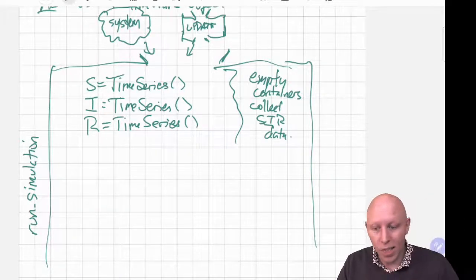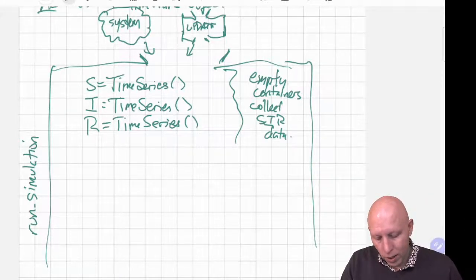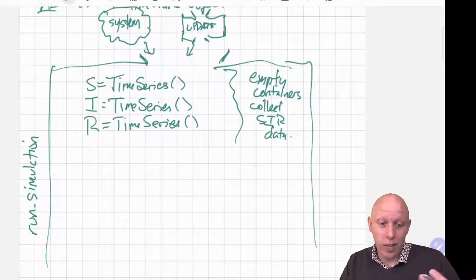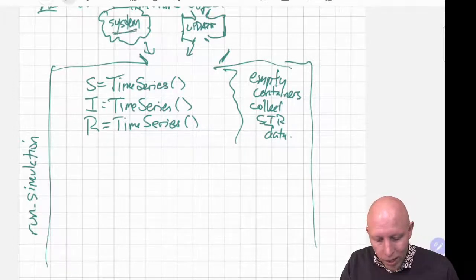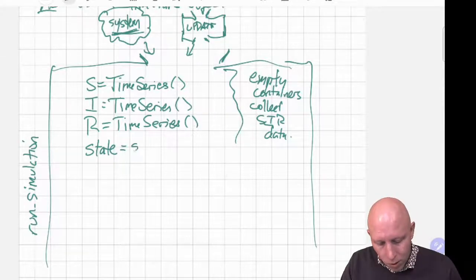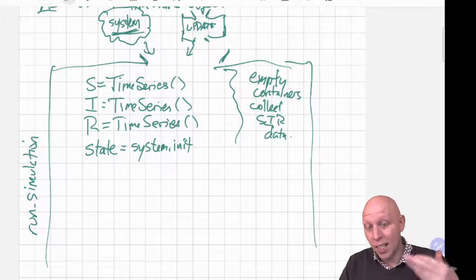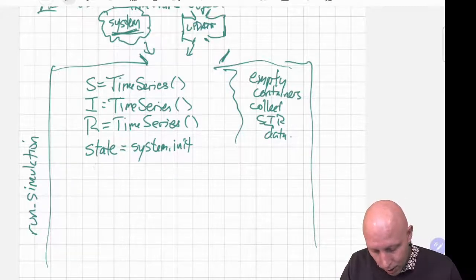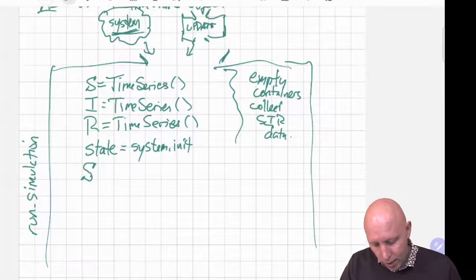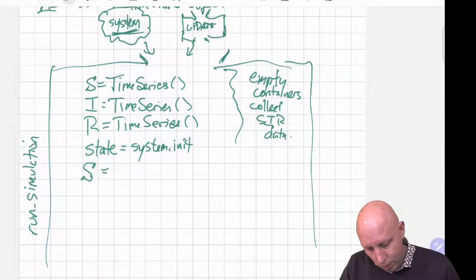All right, so now we have our empty containers. We need to initialize the first values. So where is the initial data? The initial data is located in init in the system object. So let's access that. Let's define state to be equal to system.init. So now state is a state object. It has an S, an I, and an R in it. Our initial value was at time 0.